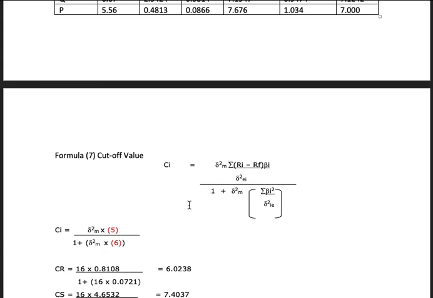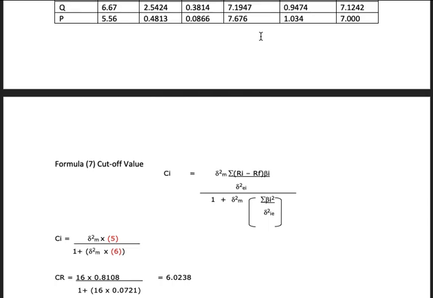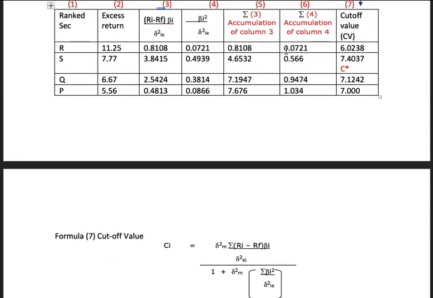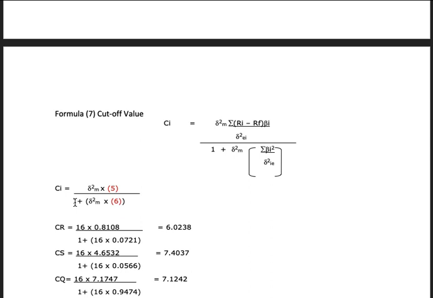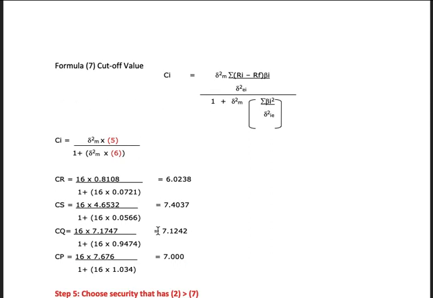Column number 5 ni refer to every respective row lah. Kalau kita tengah buat untuk R, column number 5 dia ni lah, 0.8108. And then divided by 1 plus, in the bracket, variance market times column number 6 pula. So cuba kita tengok the cut-off value here. So 16 is the variance market times column number 5 untuk R tadi, kan?